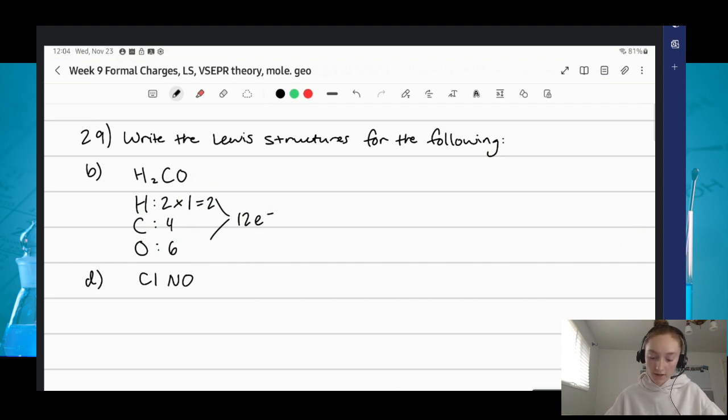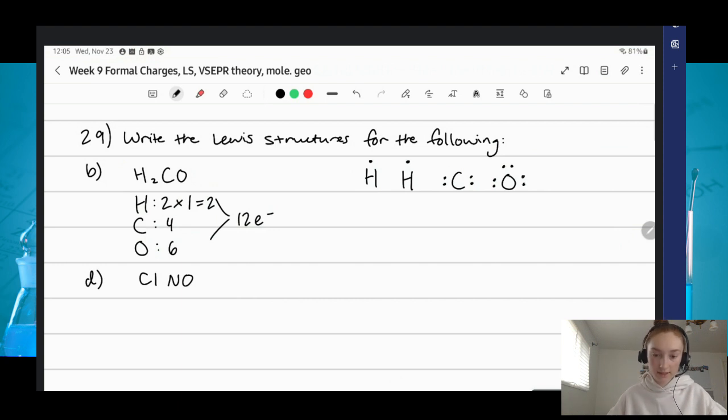So let's write down what the atoms specifically have on their own. What hydrogen looks like alone as itself, same with carbon and oxygen. And then we can figure out where these bonds are going to go. Hydrogen only has 1 valence electron, but we have 2 here, so I'm just going to write both of them separately. The carbon has 4, so I'm going to write that like that. And then oxygen has 6.